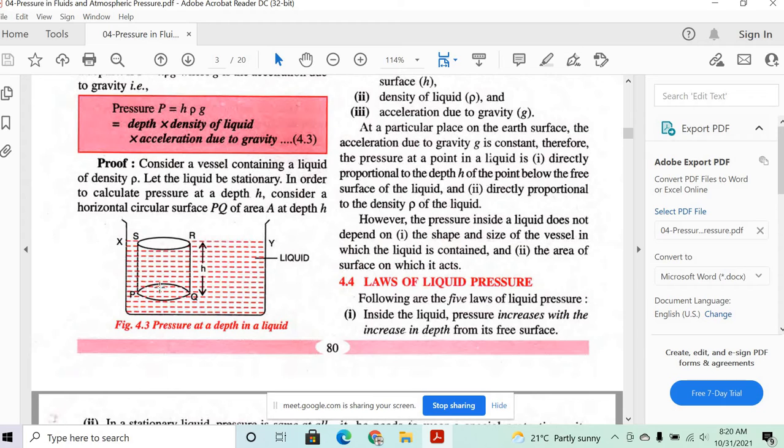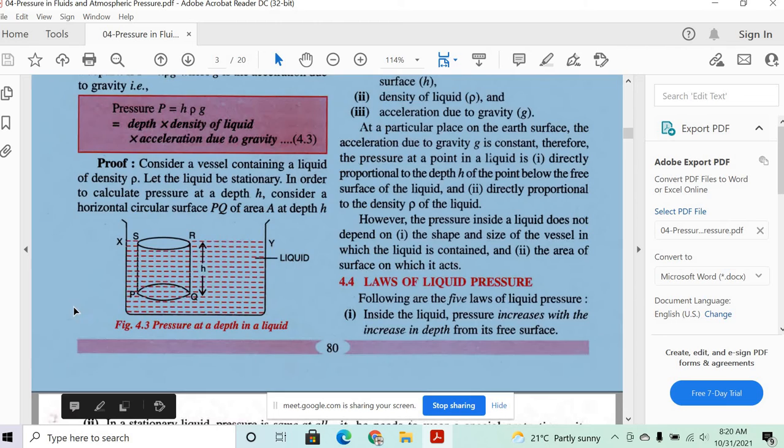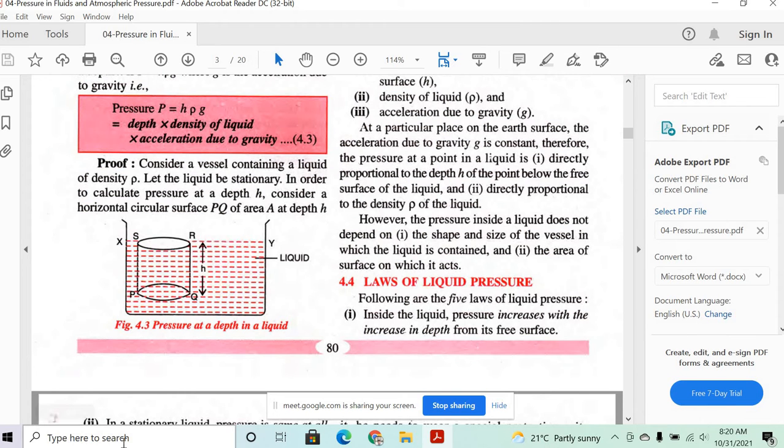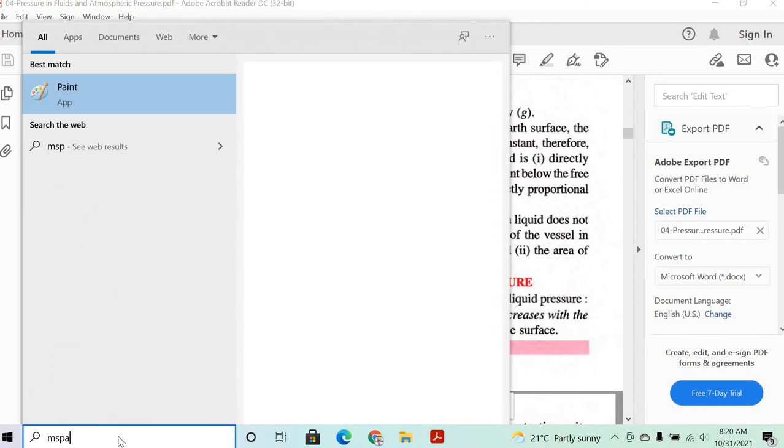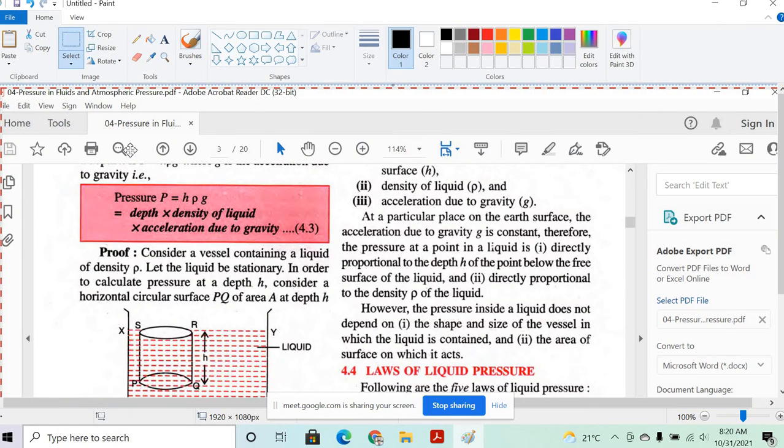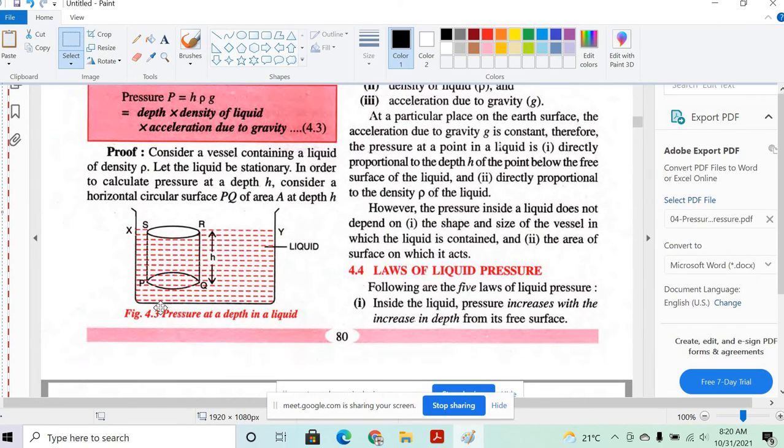That's why we are considering a small imaginary cylinder inside the liquid, and we'll try to find the pressure on the surface PQ. So at surface PQ, the pressure at P and Q is the same, right? On the bottom surface PQ, the pressure will be the same. Correct. Got it.